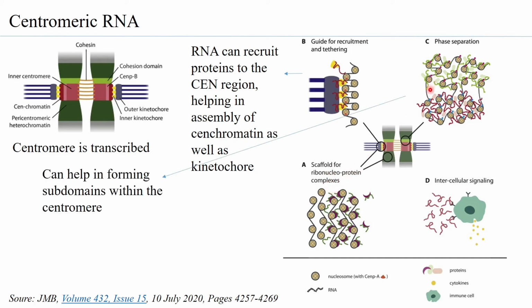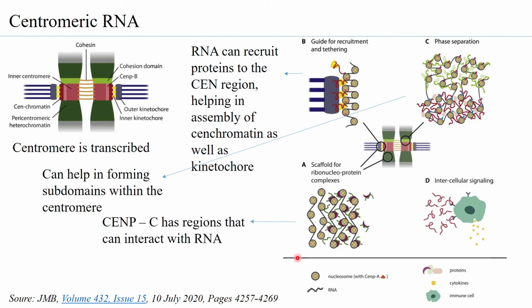They also seem to be helping in forming the subdomains within the centromeres. One phase of the centromere can be separated from another phase of the centromere by different types of RNA that are binding. So you can have long nuclear RNA present, or you can have short RNA present as well.